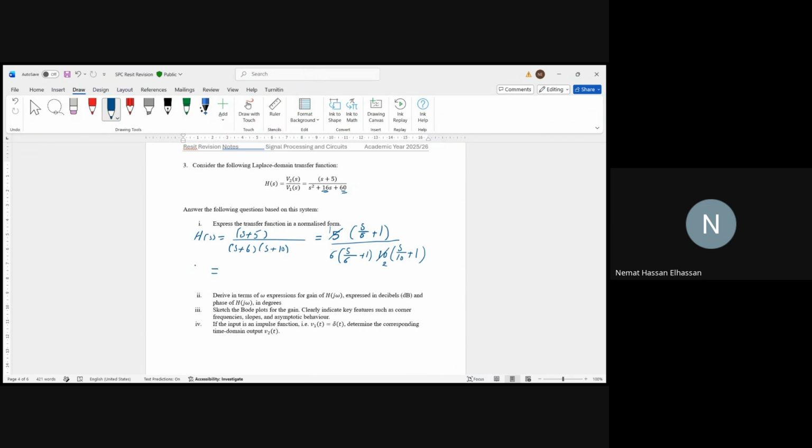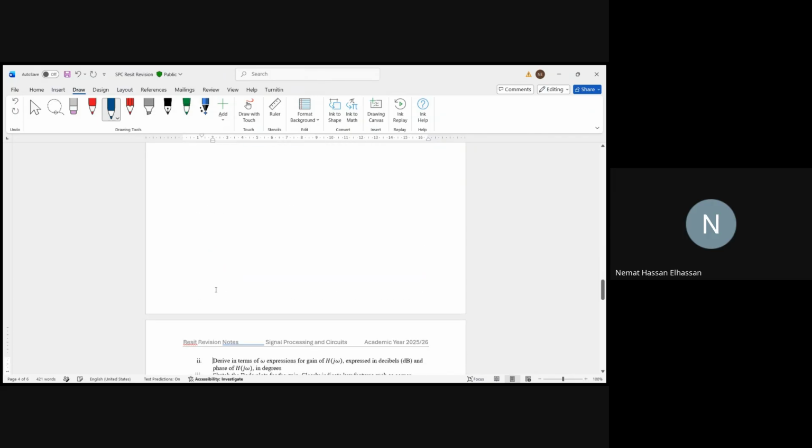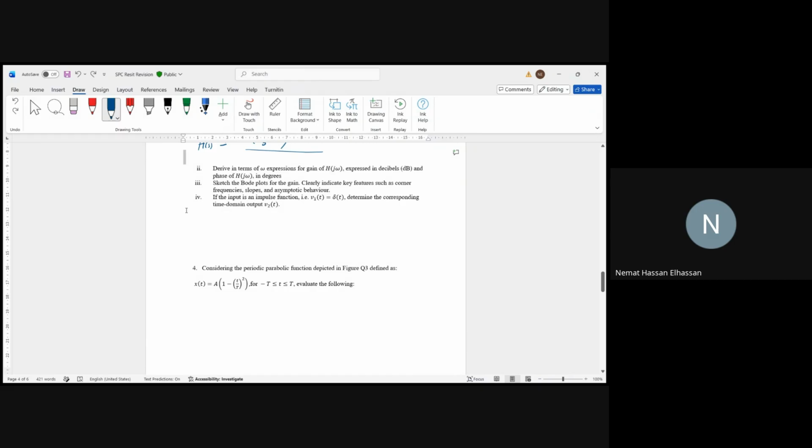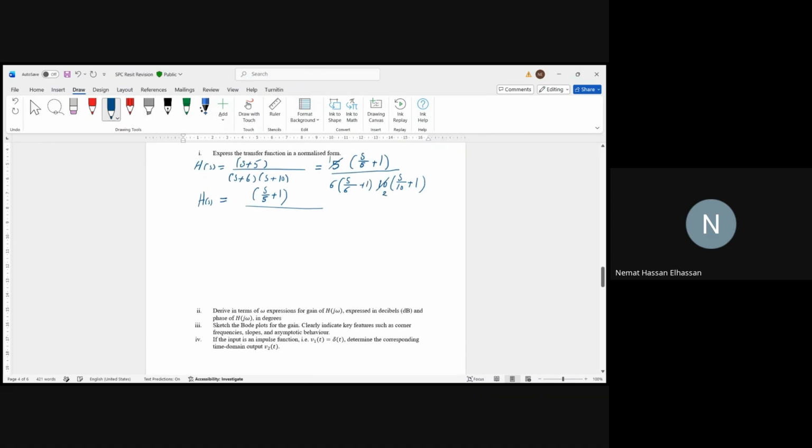And then my normalized form will be H(s) equal to s over 5 plus 1, divided by 12 times s over 6 plus 1 times s over 10 plus 1.